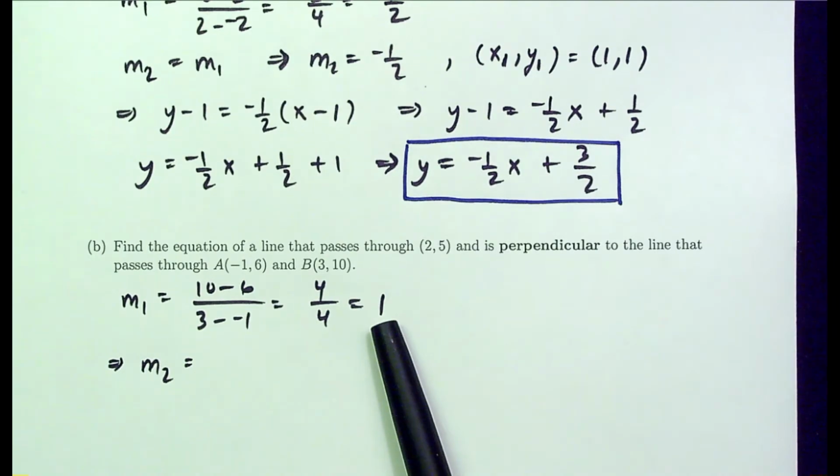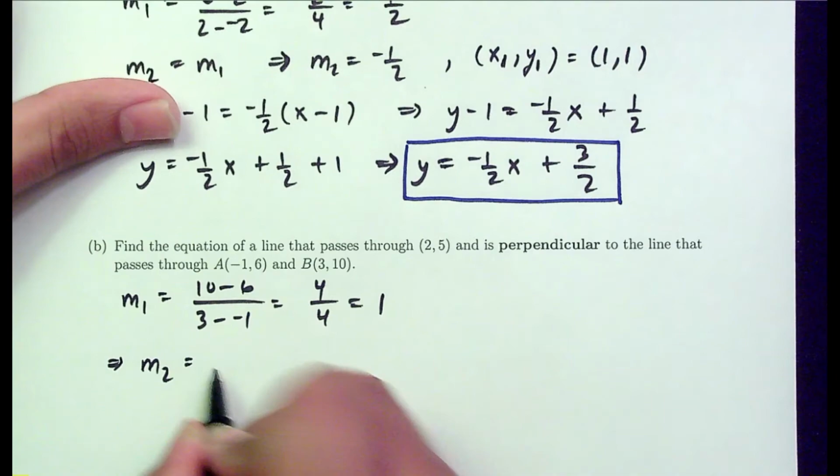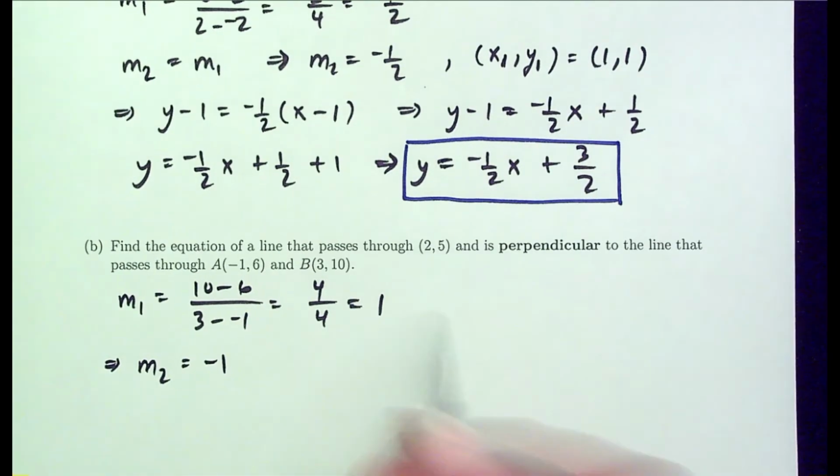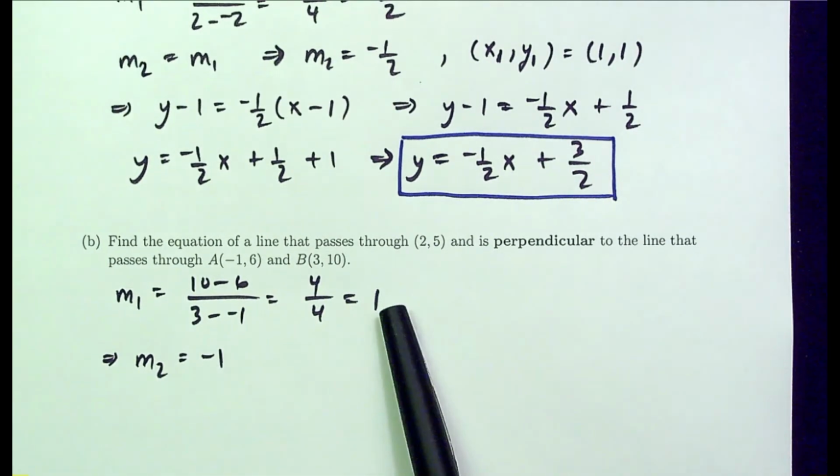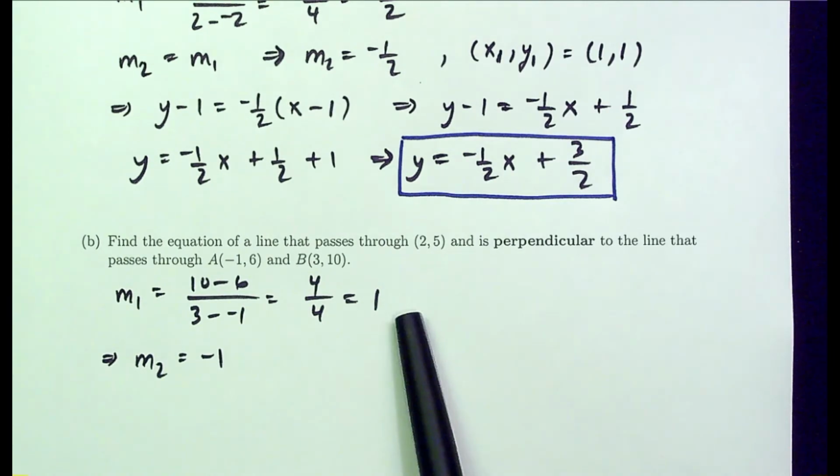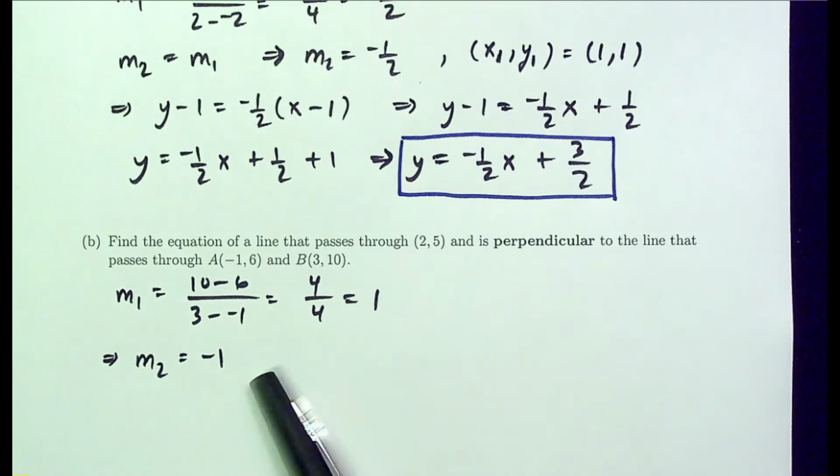Now the reciprocal of 1 is just 1, and then the opposite of that is negative 1. But if there had been a half, then the reciprocal would be 2, and then you put in the negative, it would be negative 2. So just flip and change the sign.